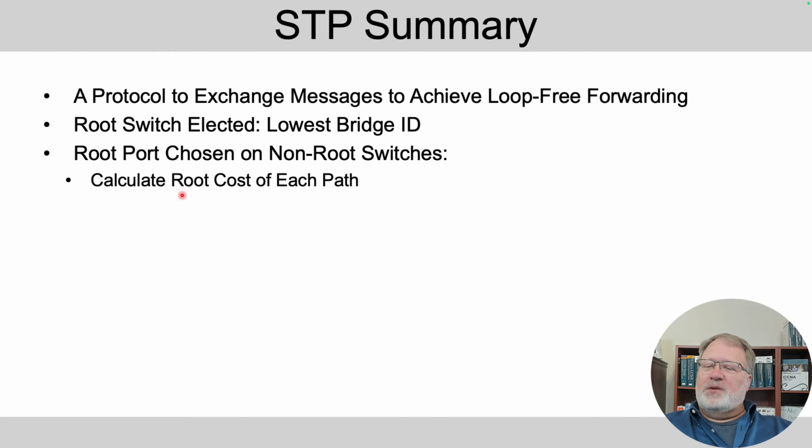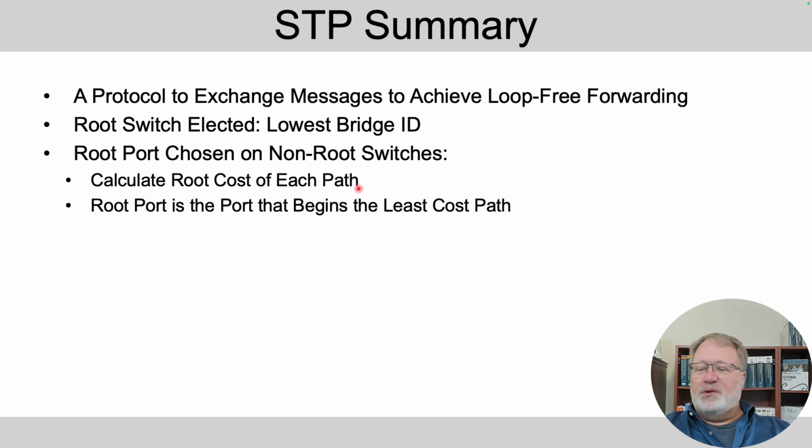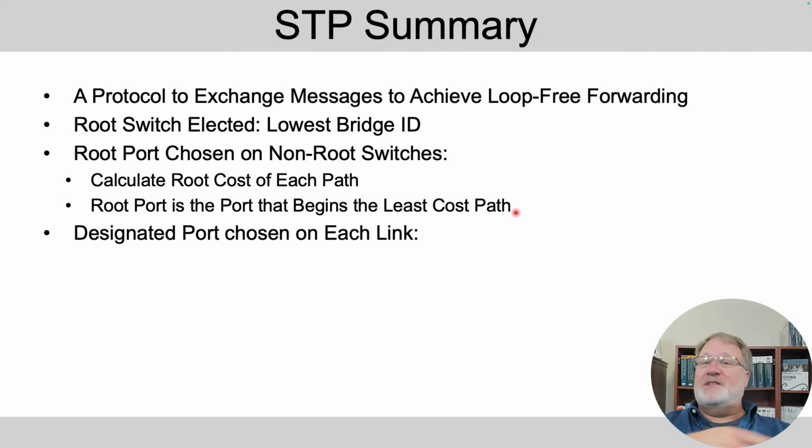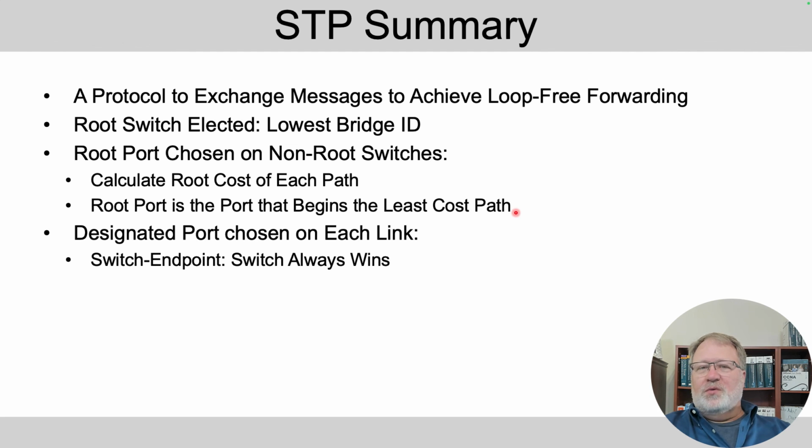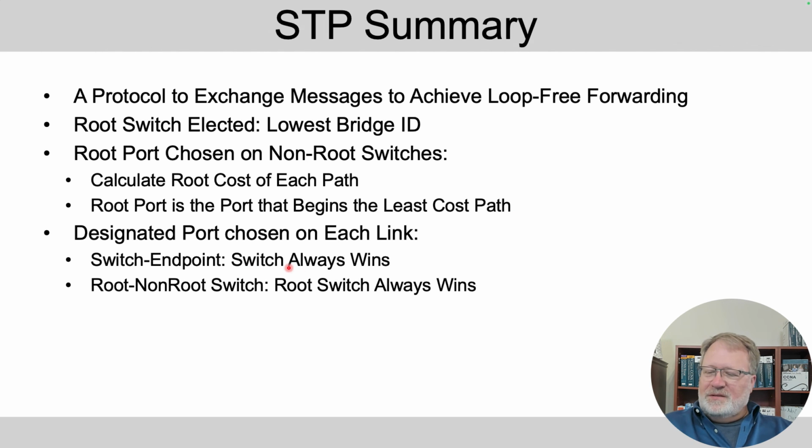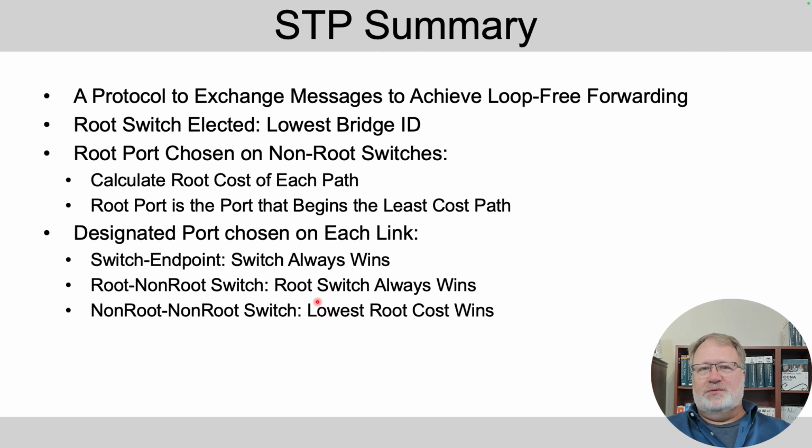We calculate the root cost on each and every path, and then that switch picks a root port based on the least cost path. It's the port that's part of the least cost path. Then designated ports are chosen on each link based on the lowest root cost of the devices on that link. So switch to endpoint, the switch is always going to win, but on switch to switch links, it's the lowest root cost that wins the election.